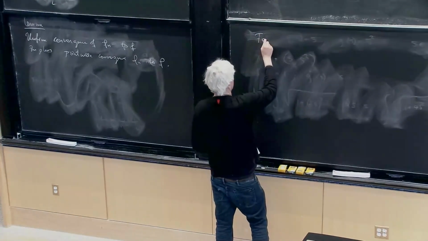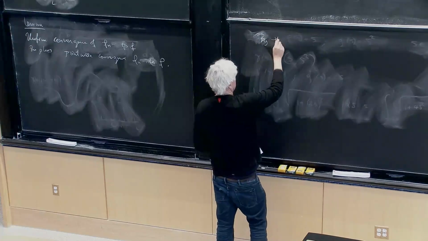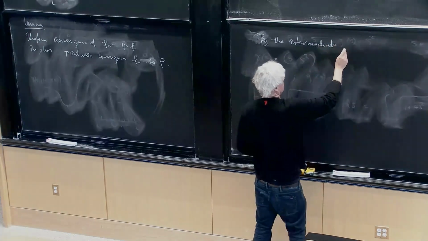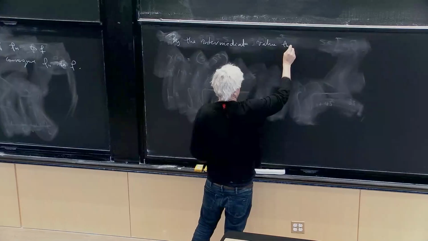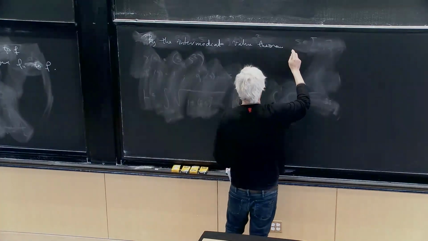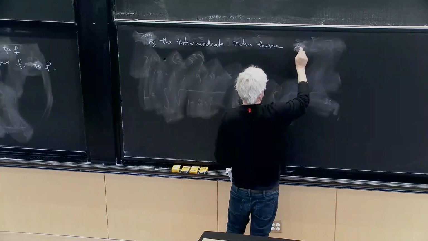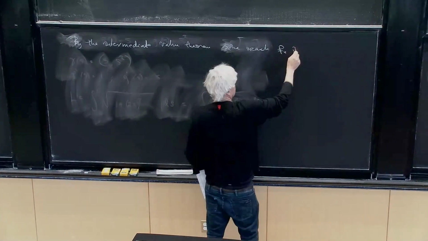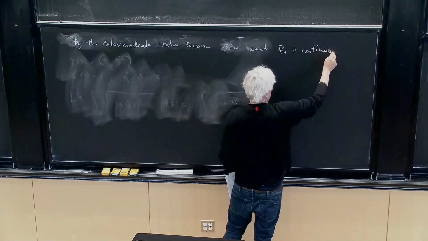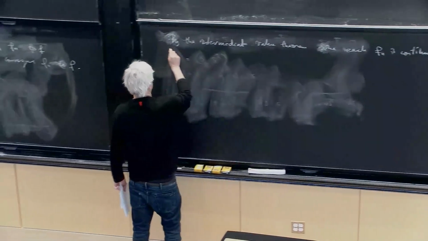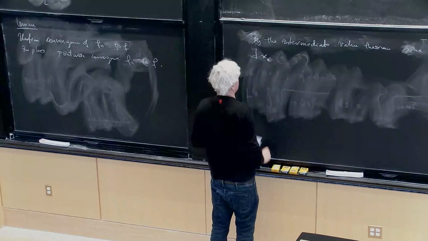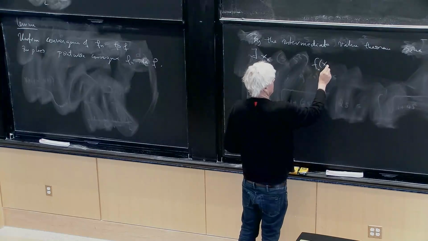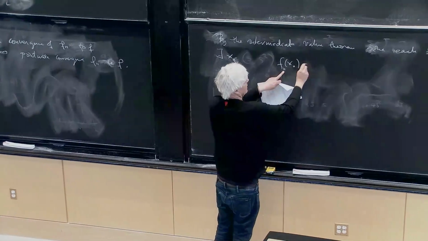So for each n, since each fn is continuous, by the intermediate value theorem there exists an xn, which really will depend on n, so that fn of xn takes the value 1/2.